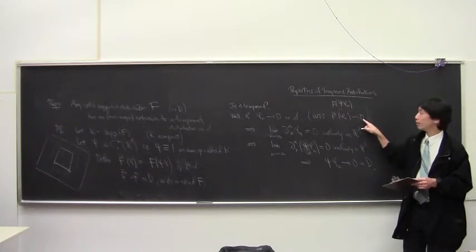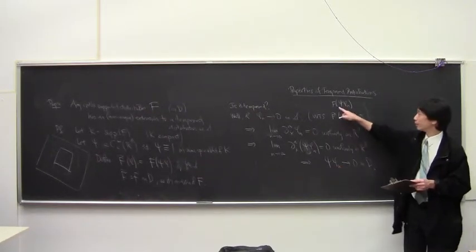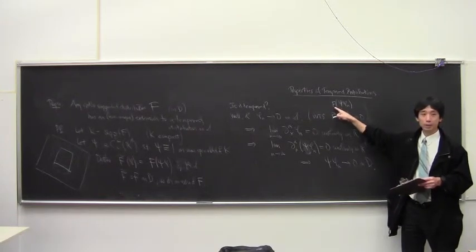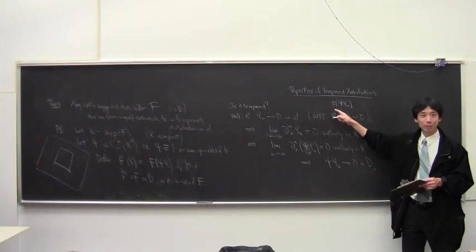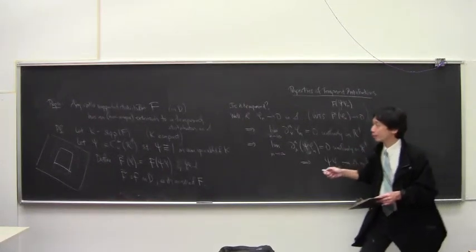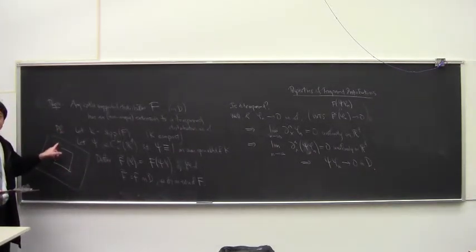Well, if we can show that these guys go to 0 in D, remember, this was your old-fashioned distribution, which means that it's continuous with respect to D convergence. Now you have to remember what the D convergence was. D convergence means that you and all your derivatives converge uniformly and are supported on the same compact set. Well, we're good. Everybody's supported on the same compact set because they're all multiplied by psi.